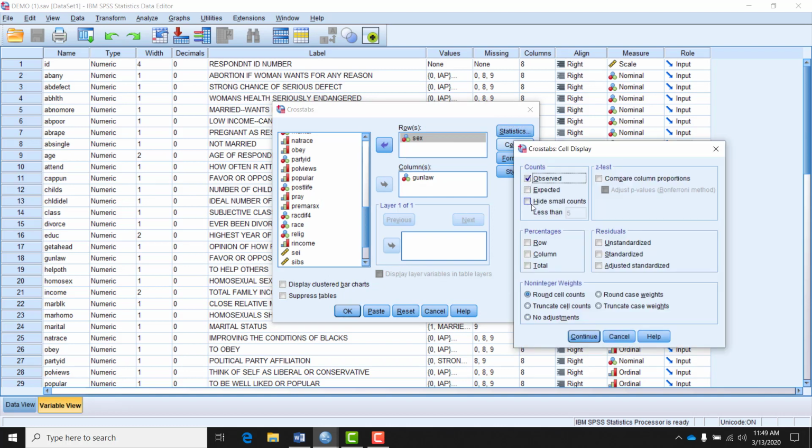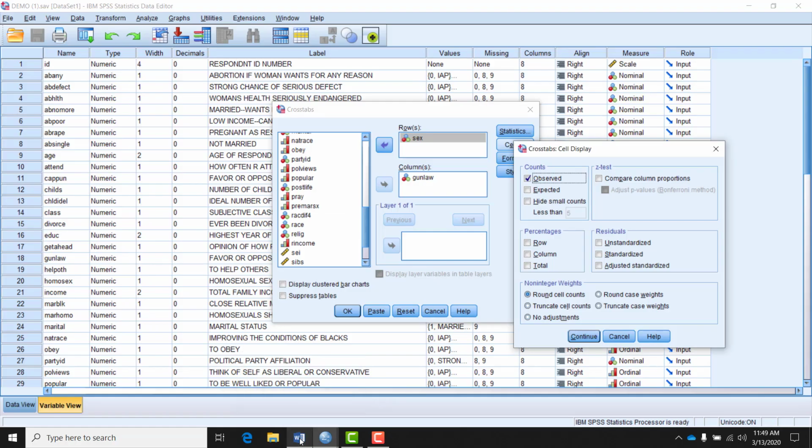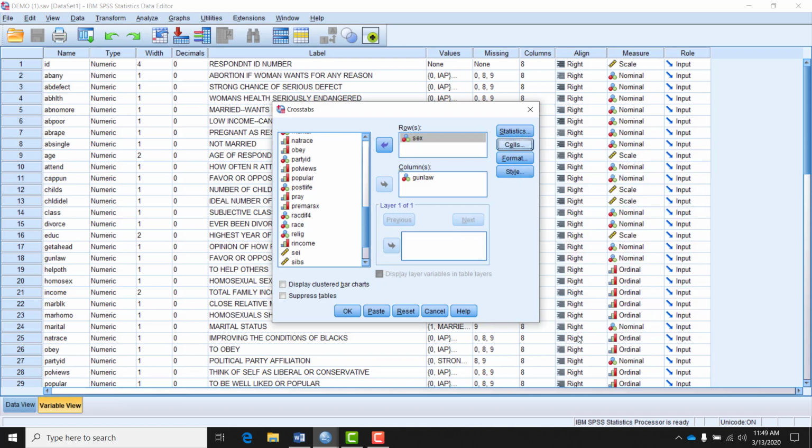Don't worry about the other stuff, the expected and all that other business. But what do we want for percentages? Well, we look here. We want our row and total percentages. So we'll go to row and total. Hit continue. Don't worry about format and style. You can go ahead and hit OK and make the magic happen.